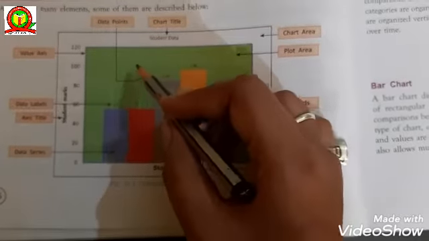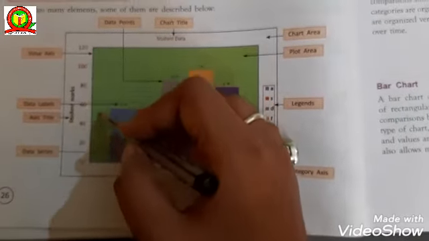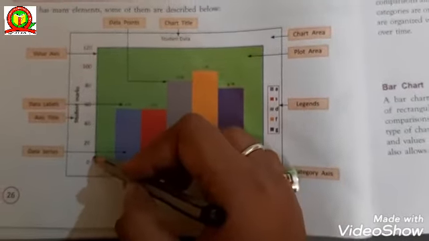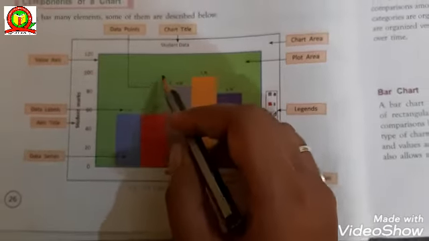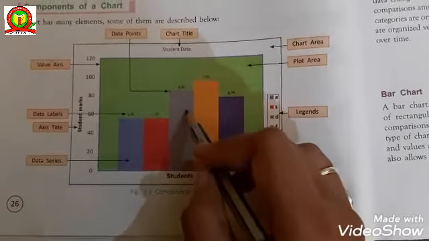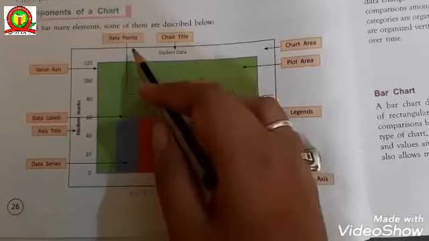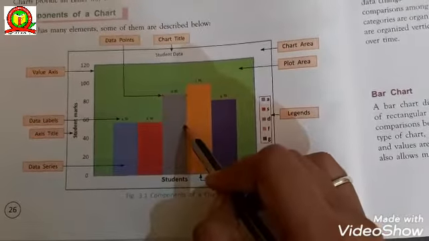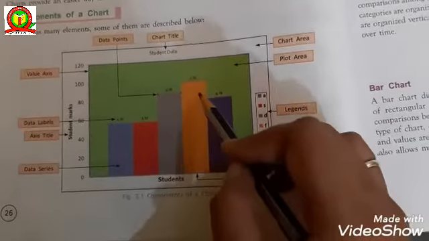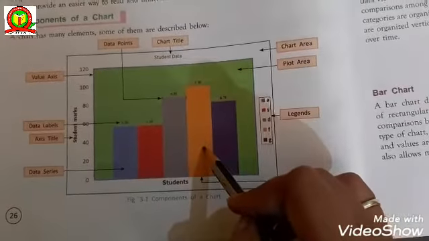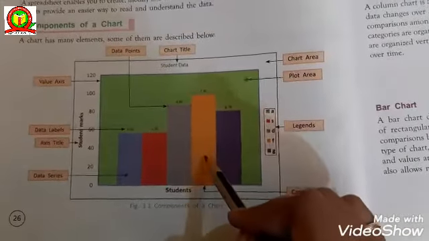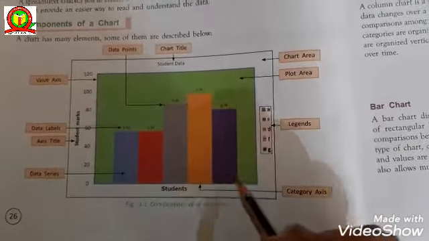Now value axis. This line is the value axis. Okay. Now here this color of graph is telling what? Data points. Okay. Now this orange color graph is telling what?